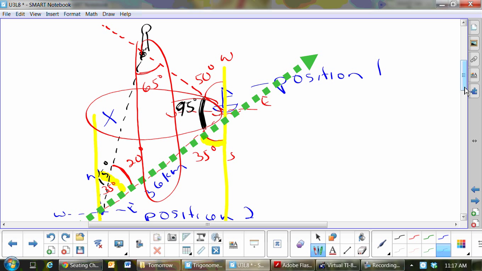So then I would just go sine, oh no, I don't want sine, I want x over sine 95 equals 36 over sine 65. Okay, and you'll get x to equal 40 kilometers.